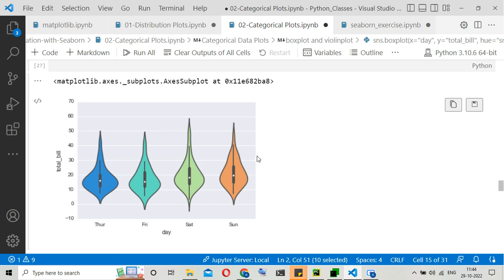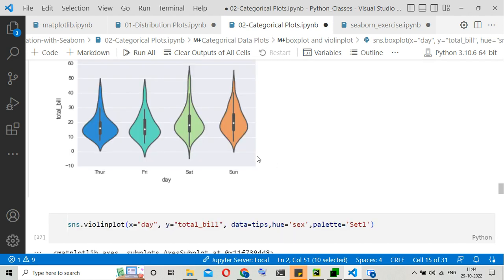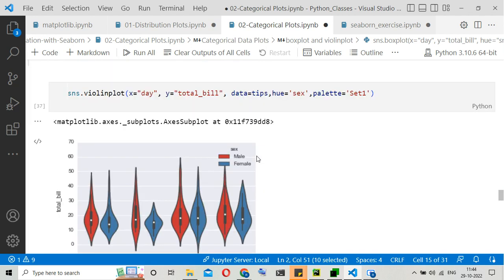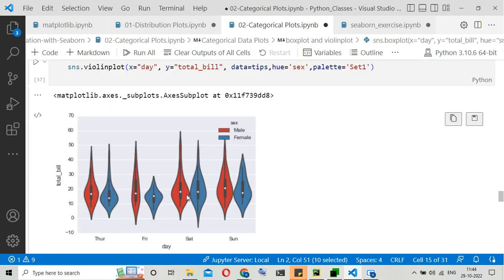Such numbers you can make, and based on the data set you can say it is the same. And similarly for male and female also you can check. Females are generally spending between $0 to $30 on Friday, but males are spending $0 to some $50.